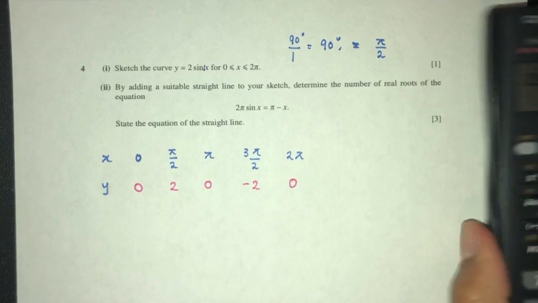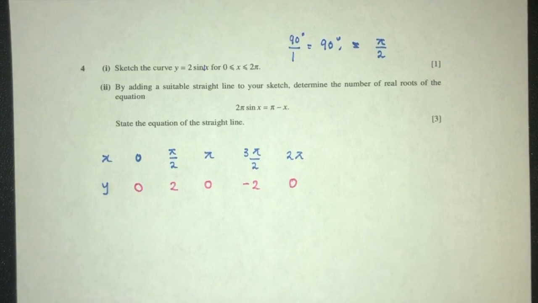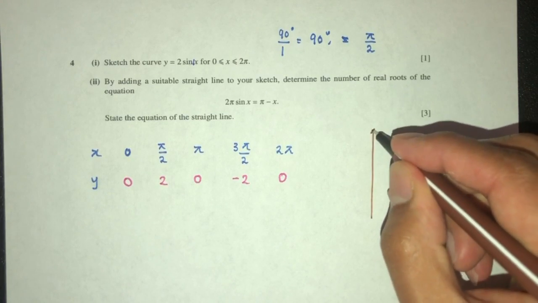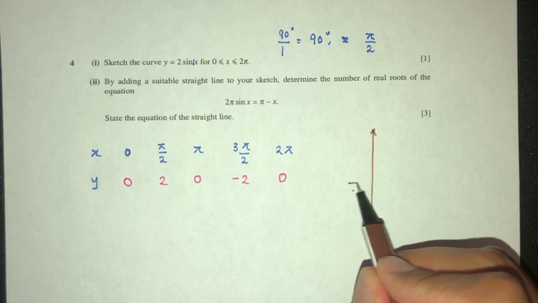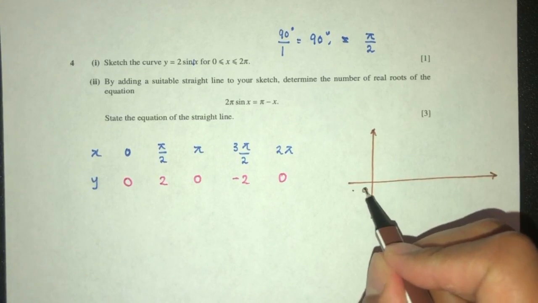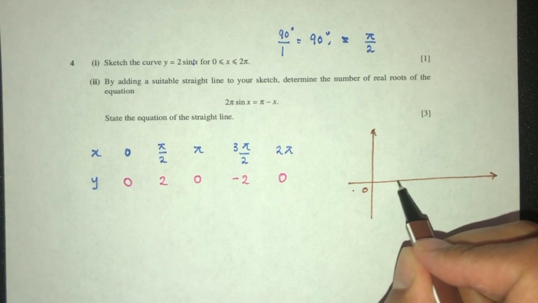Okay, so this will be the table of values for which I can sketch my curve. That will be the y-axis, and that will be x-axis. So here we have 0. We can have pi by 2.